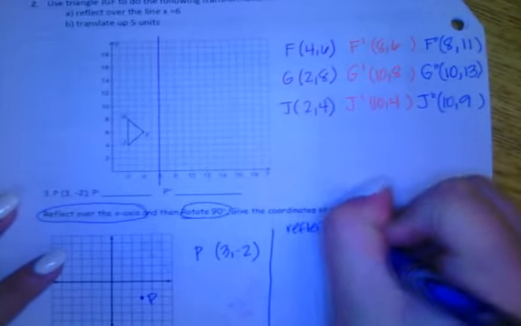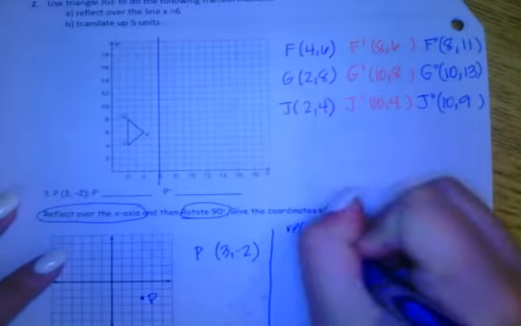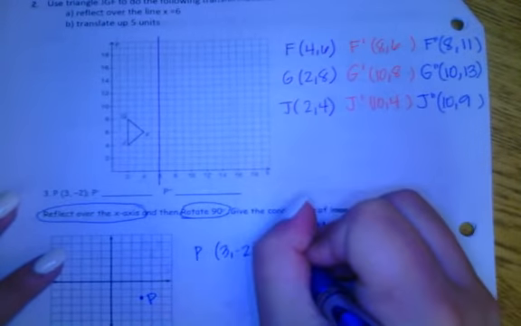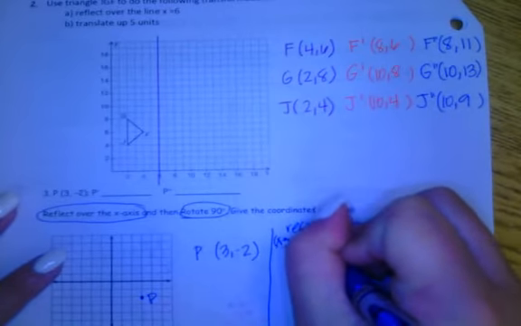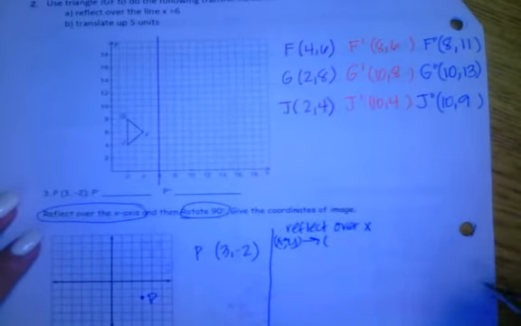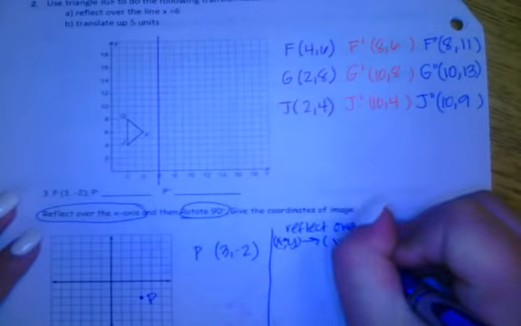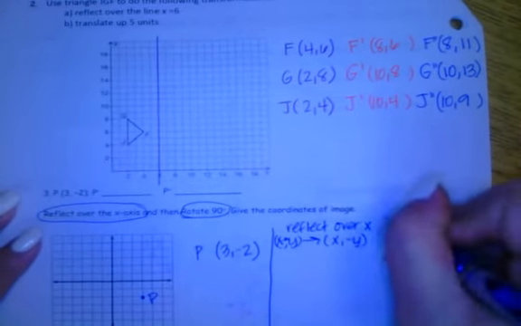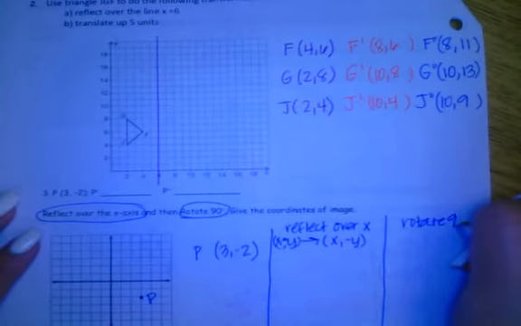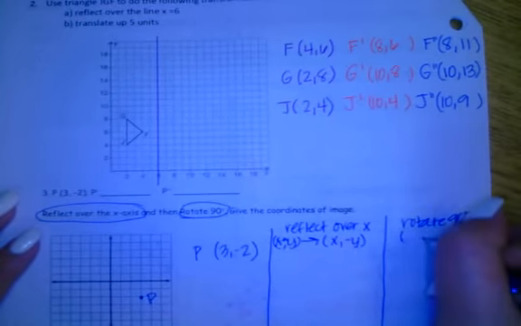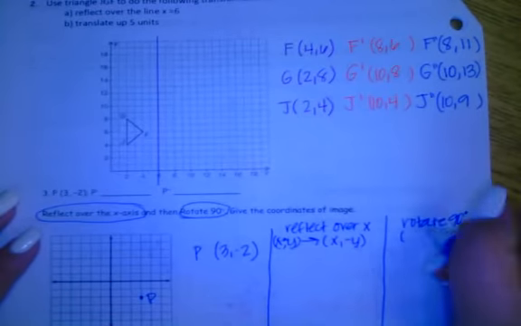What is the coordinate rule for that? XY yields what? X opposite Y, very good. And then we're going to rotate 90 degrees, and what's the rule for that? Opposite Y, X, very good.